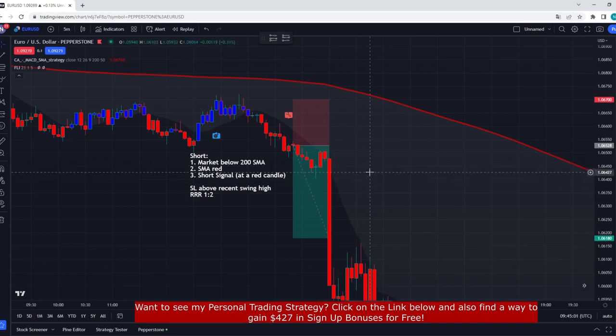For our backtesting, we will test 50 trades and see how long it will take to hit the 50 trades. We will risk 2% of our capital each time in a chance to get 4%, as we are trading with a risk-reward ratio of 1 to 2.